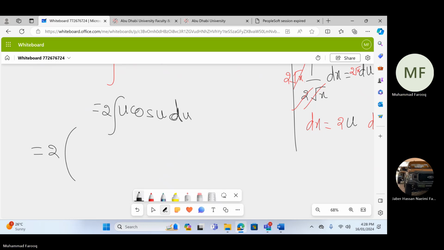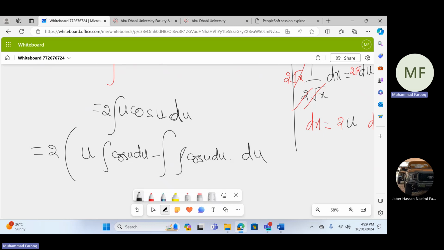So I have the first function times the integration of the second function, minus the integration of the integration of the second times the derivative of the first. What is the derivative of u? 1. No need to write everything; I do it at the last with this integral.